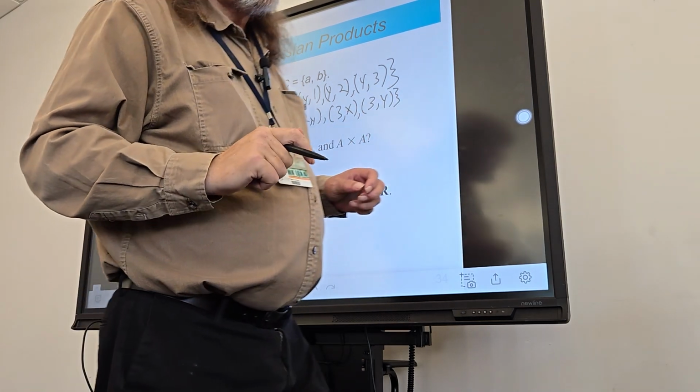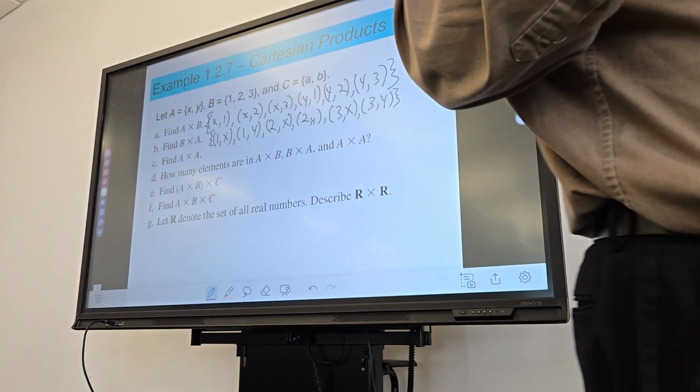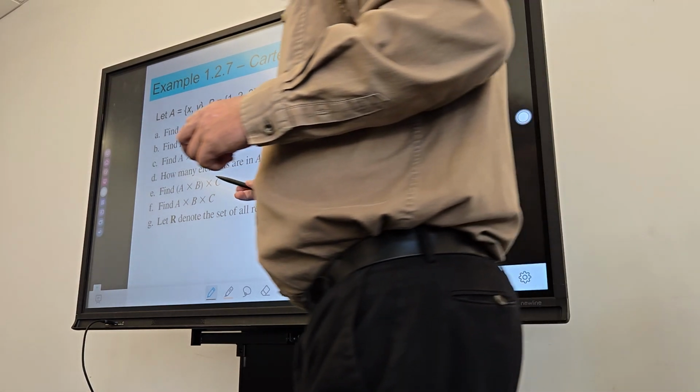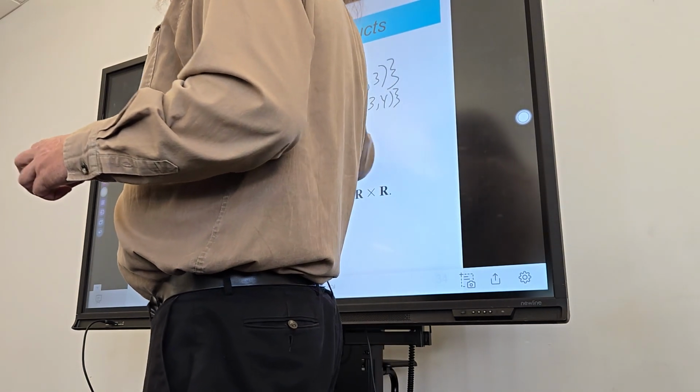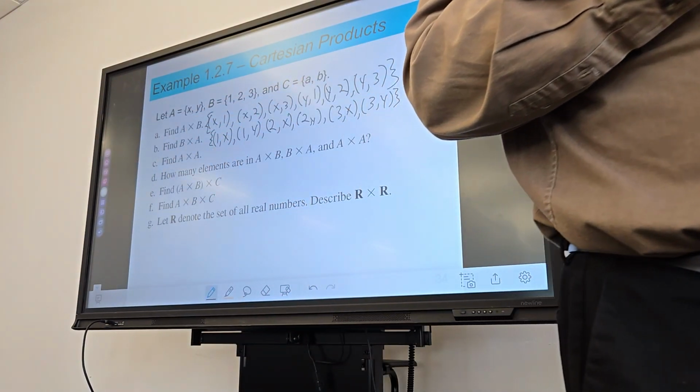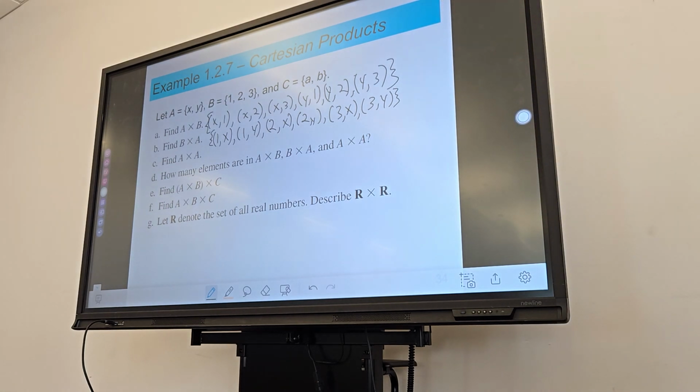Same number of elements, but different ordered pairs than the first one. In the ordered pairs, the order of the elements is reversed. So the commutative property of algebra does not apply to Cartesian products. Don't try it. It'll mess you up.